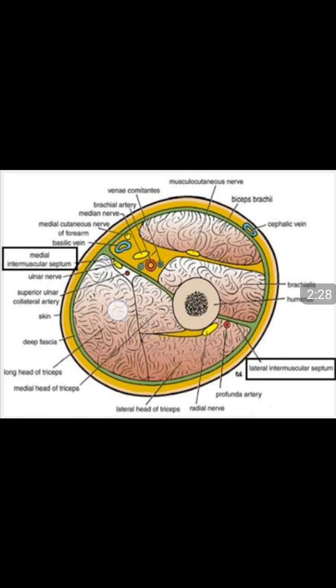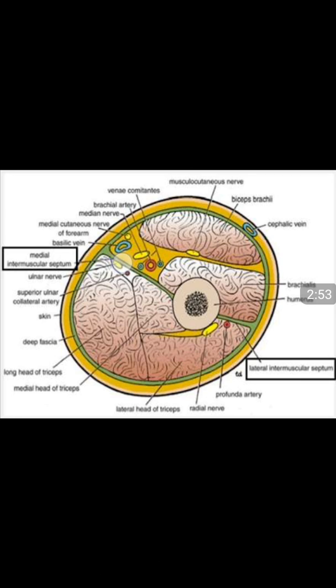Now here you can see this group of muscle is, for example, the anterior compartment, and this group of muscle is called the posterior compartment. With the help of this circumferential layer all around surrounding the limb muscles, and then intermuscular septa, and then bone.